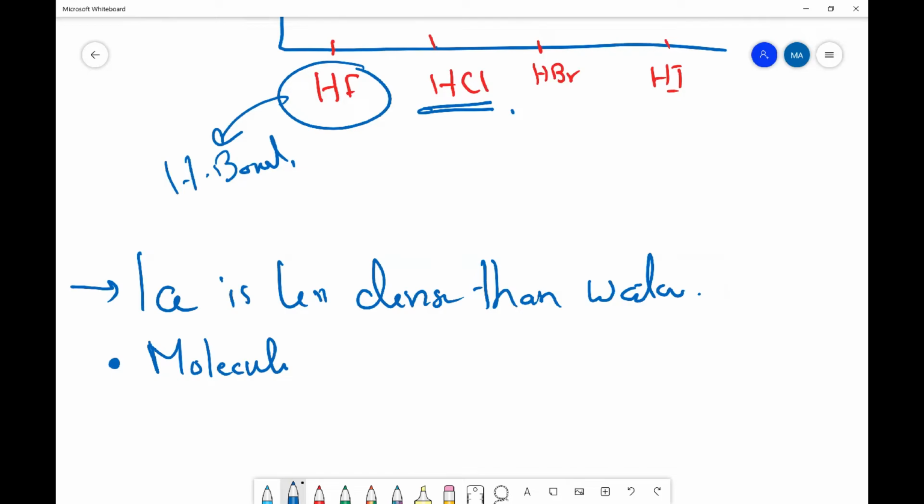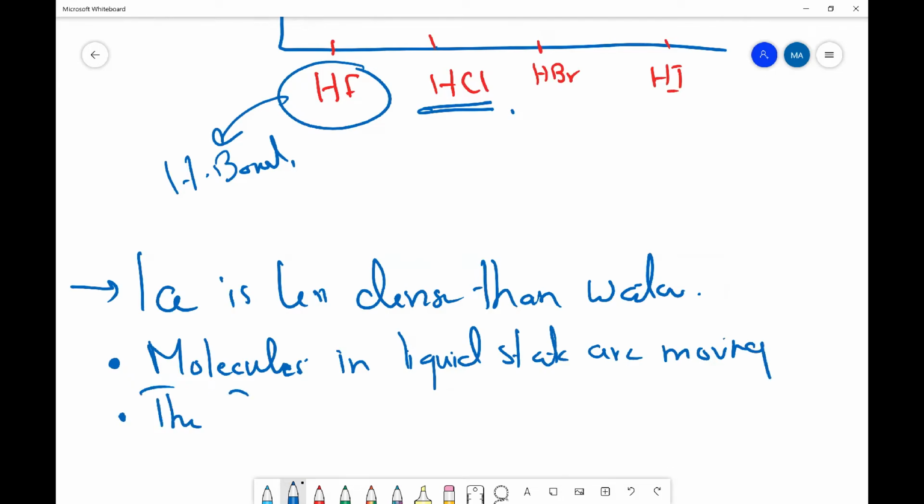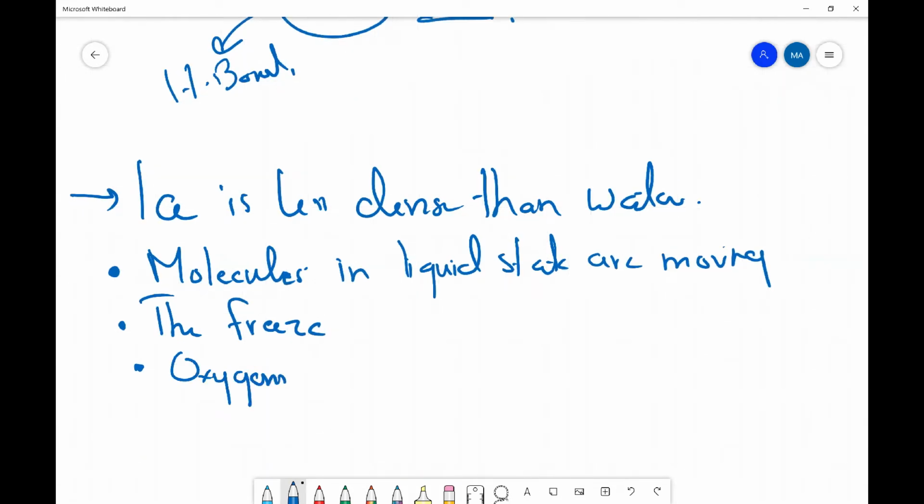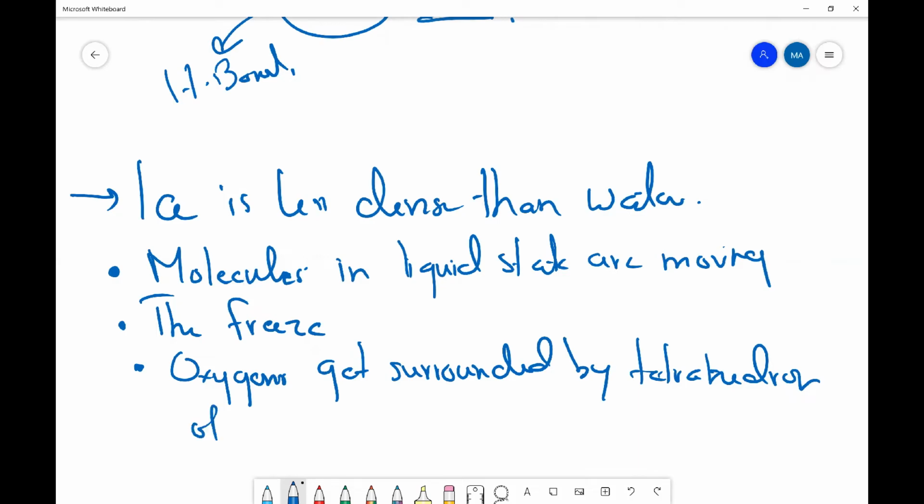So molecules in liquid state are moving. They freeze. Once they freeze, what happens is that oxygens get surrounded by a tetrahedron of hydrogens.